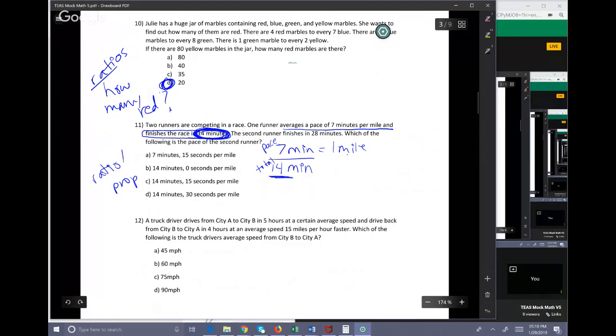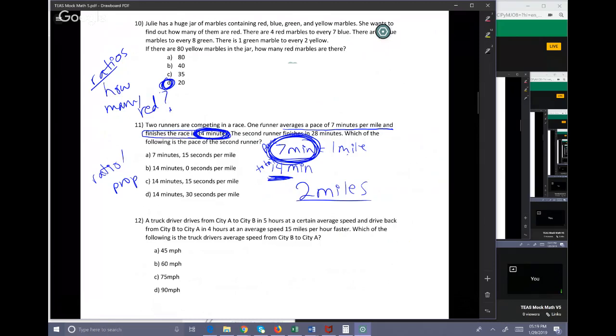Knowing that it's 14 minutes allows us to see that with this perfectly even 7 minute per mile pace, this must be 2 miles. If you can run exactly 7 minutes per mile and it takes you 14 minutes, it's exactly 2 miles.